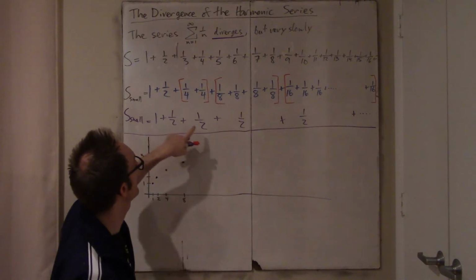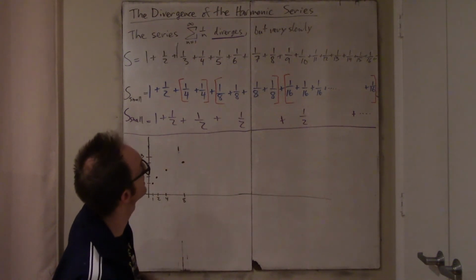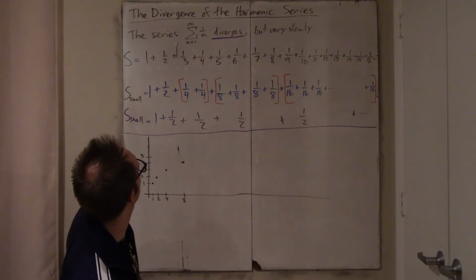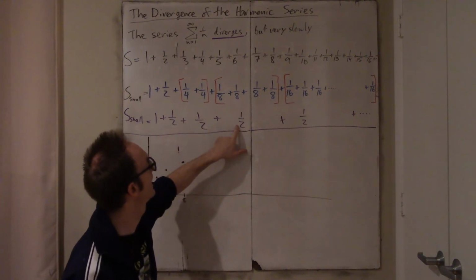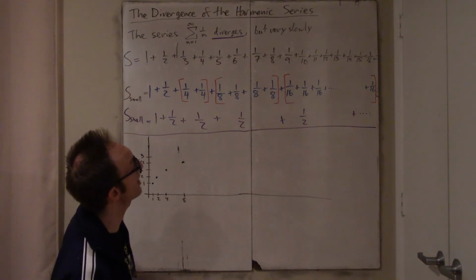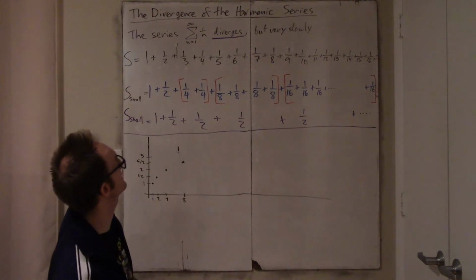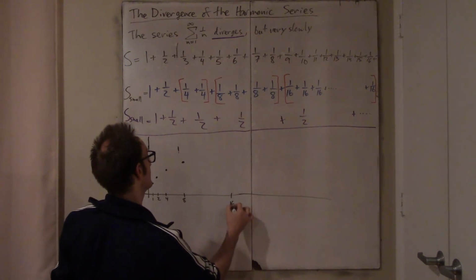Well, I need to go all the way out to the 6th. No, I've done something wrong. 1.5, 2.5. I think I need to go all the way out to the 16th. Oh yeah, that's right. I need to go all the way out to the 16th term in order to clear 3.